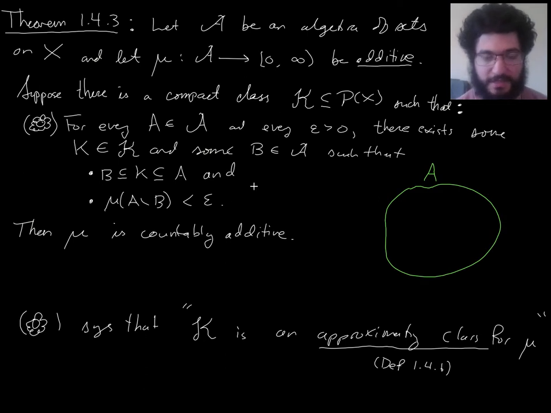Maybe it helps to just give this some visual before we get into using it. So this condition, so let's just fix some arbitrary A, which is in the algebra of sets. So let me use green for things that are in the algebra of sets.